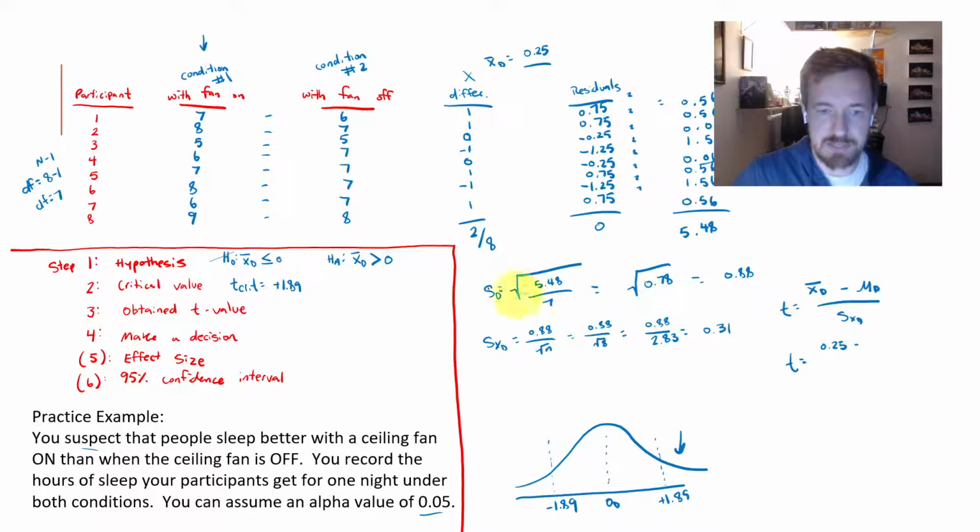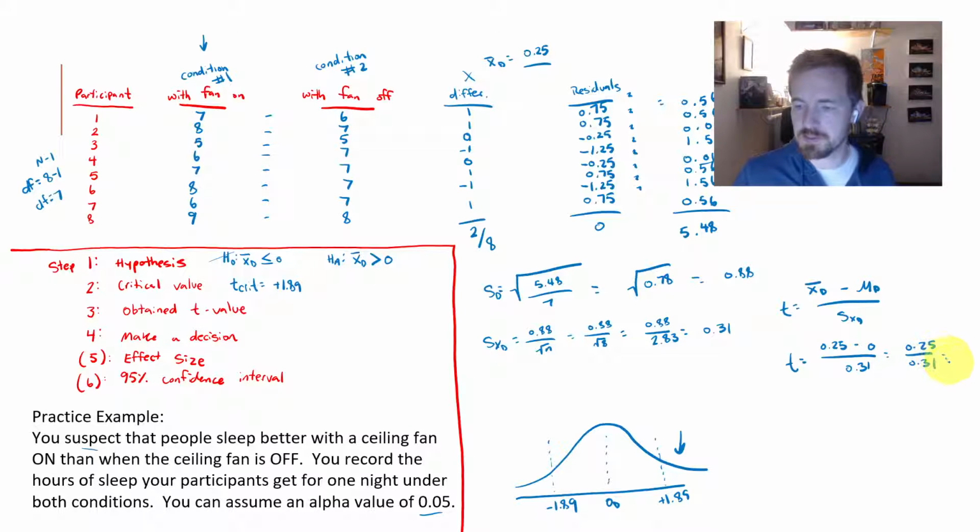The hypothesized difference, which is 0, divided by the sampling error, which is 0.31. So 0.25 divided by 0.31 is going to be equal to 0.81.